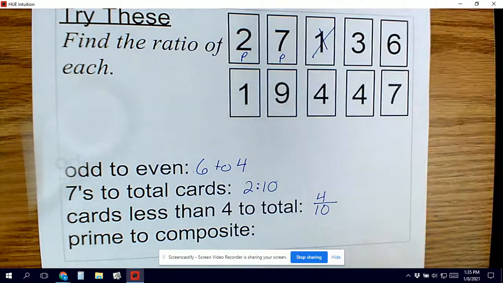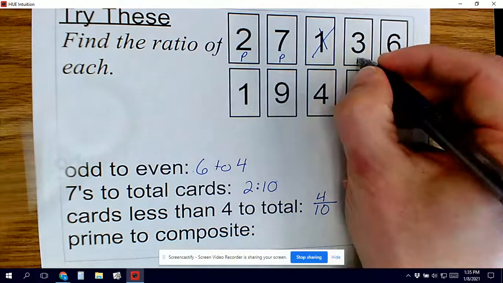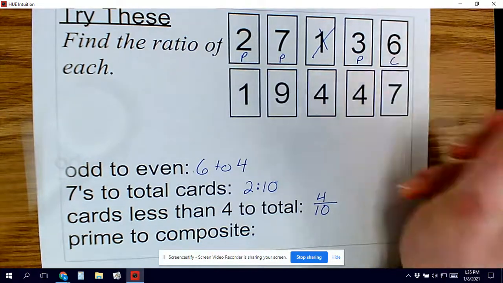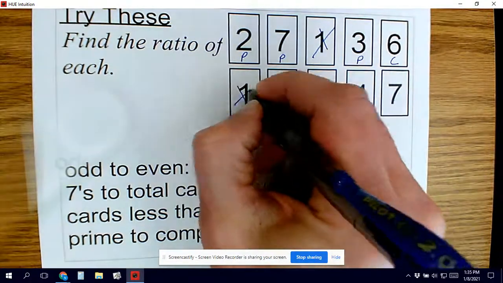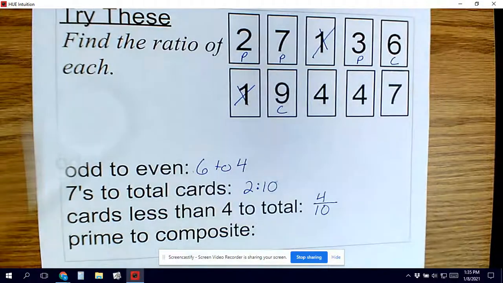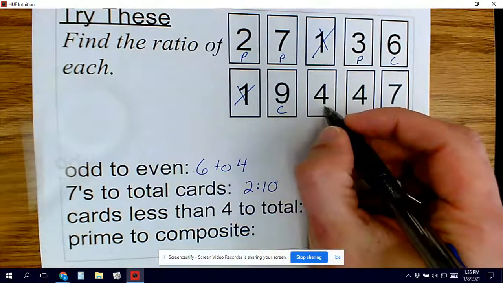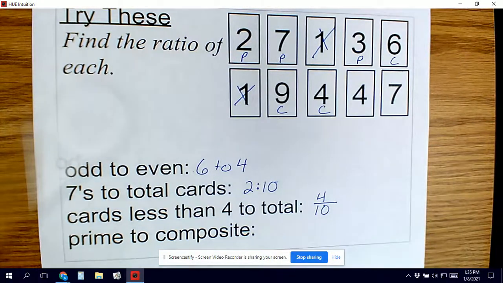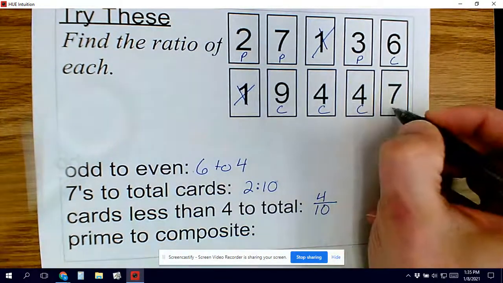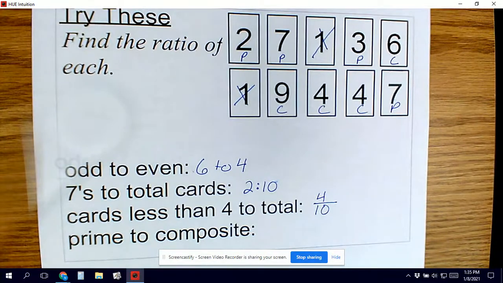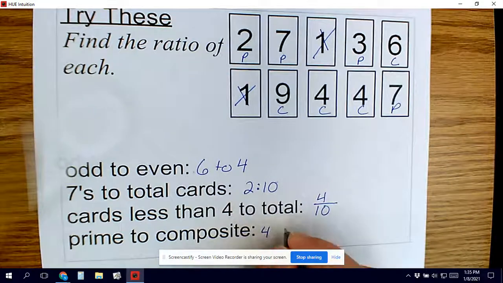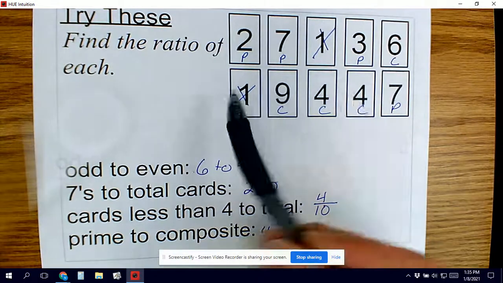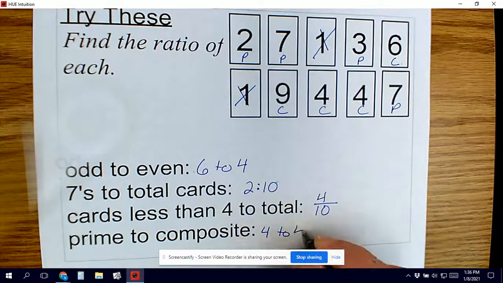It is neither prime nor composite. 3 is prime. 6 is composite because we can do 2 times 3 or 1 times 6 to get 6. 1 is neither. 9 is a composite number because it has multiple factors, 1 times 9 or 3 times 3. 4 is composite because we can do 1 times 4 or 2 times 2. 4 again, and then 7 is a prime number because its only factors are 1 and 7. So prime numbers, I got 1, 2, 3, 4 prime numbers. Composite numbers, 1, 2, 3, 4 of those.